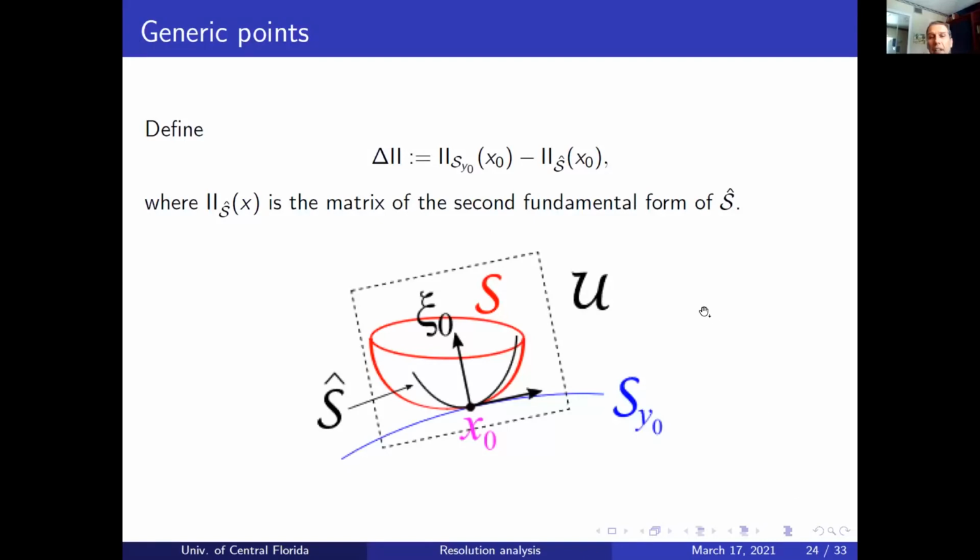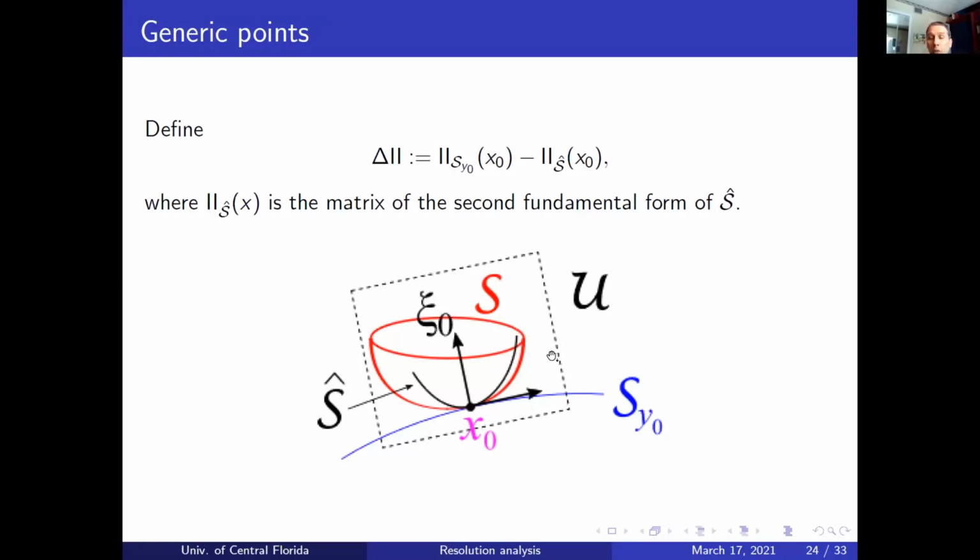Okay, we need another key assumption. Before I describe it, I introduce this expression. So this is the difference of matrices of second fundamental forms. One second fundamental form is for the curve SY naught. Remember, it's a capital N-dimensional surface, right? But S itself is little n minus 1 dimensional.